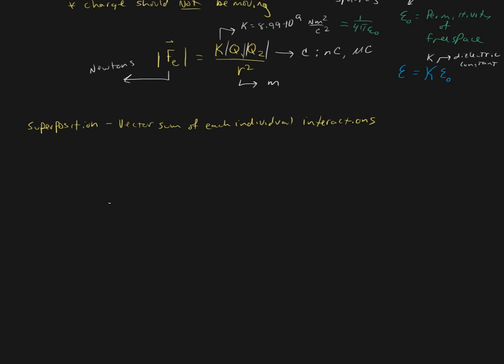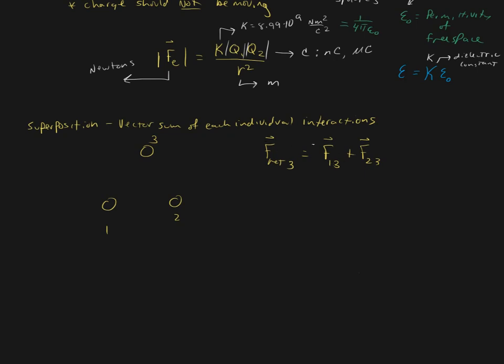If we've got three charges, we have charge 1, charge 2, and we'll put charge 3 up here. Now, if we want to know what the net force on charge 3 is, so we want to know what is F net on 3, then what we're going to have is the force of 1 on 3 plus the force of 2 on 3. And these are all vectors.